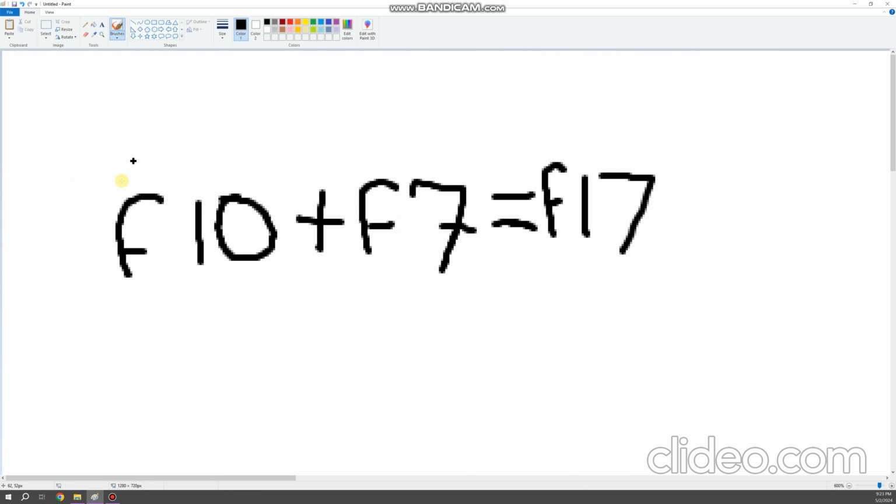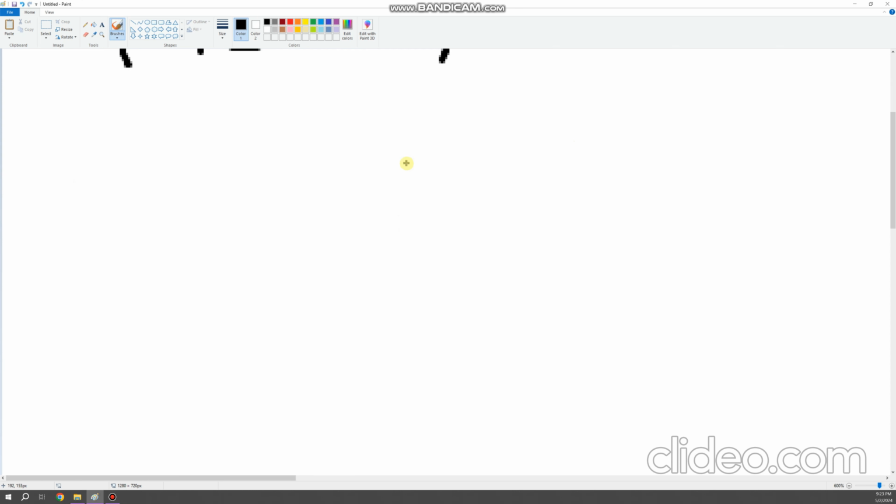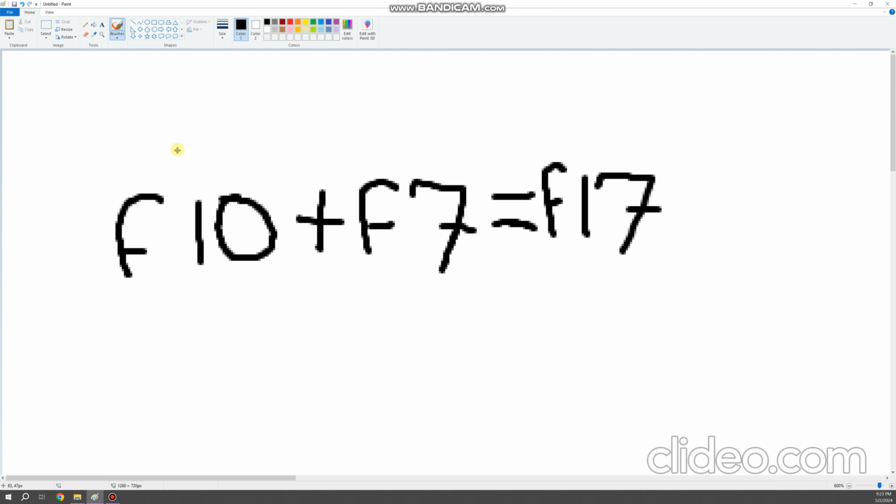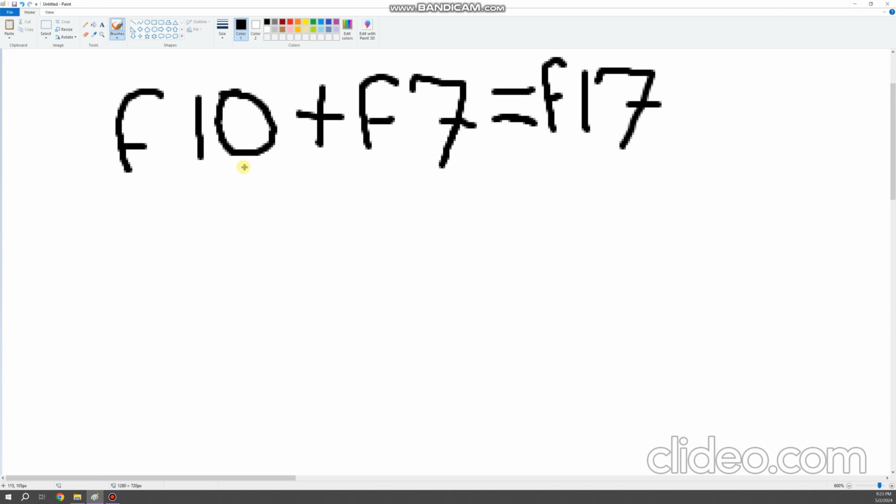So anyway, F10 plus F7 equals F17. So we're going to take this logic. So we're going to do our equation. 10 plus 1 is 11, so we're going to do the 11th letter of the alphabet. A, B, C, D, E, F, G, H, I, J, K. This is K plus, so 7 plus 1 is 8.